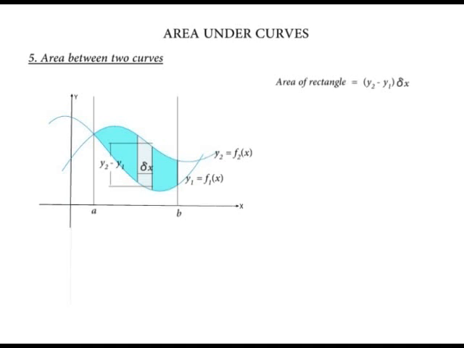Adding all the typical rectangles from a to b, the area will be the summation of (y2 minus y1) delta x from x is equal to a to x is equal to b. If delta x approaches 0, it becomes dx and we can integrate. And so area is equal to the integral of y2 minus y1 with respect to x from x is equal to a to x is equal to b.